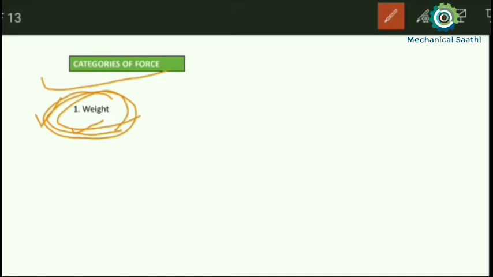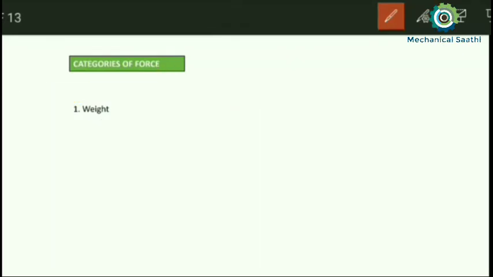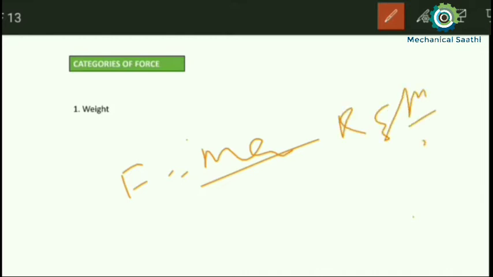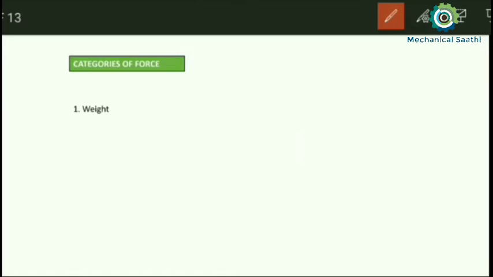So suppose any body is there, the weight acts at the center of gravity, always downward. This is called your weight force, and the force unit we know is Newton. If we derive that, we know that F equals ma, mass into acceleration, with unit kg meter per second square, and this is also called a Newton. I think this much is clear to you.